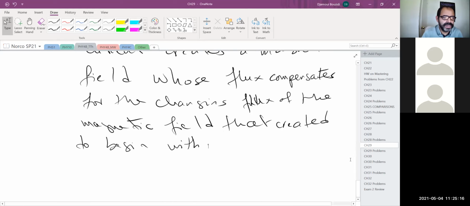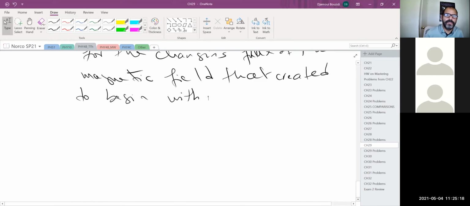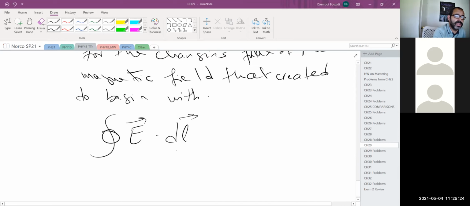So let me rewrite it in its full glory. Faraday Lenz's Law. Again, the circulation of the electric field. This is what we were missing, actually. The circulation of the electric field over a closed path, any closed path, is equal to minus the derivative with respect to time of the flux of the magnetic field.